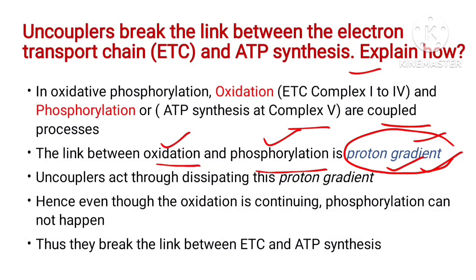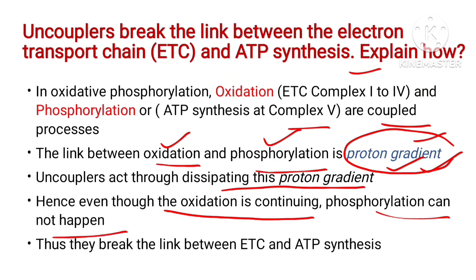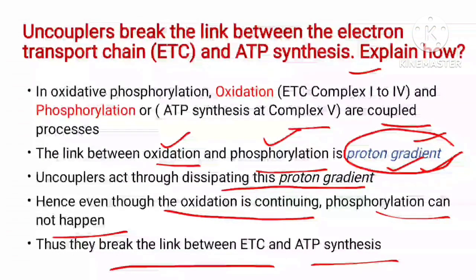But what do these uncouplers do? Uncouplers act by dissipating this proton gradient. They provide another way for the protons to enter the mitochondrial matrix. By this, even though oxidation continues, phosphorylation cannot happen. Thus uncouplers break the link between the ETC and phosphorylation, that is ATP synthesis. Thank you.